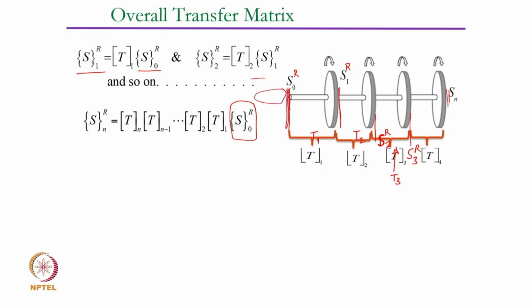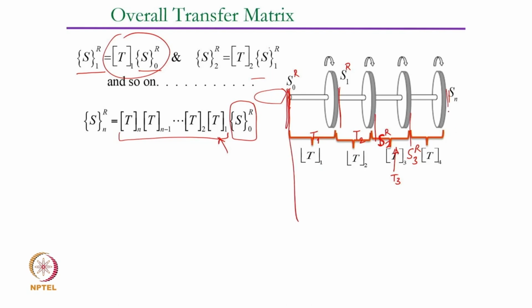So this basically represents the extreme state vector. It actually is now the product of all the transfer matrices, because this SR1 I am going to replace by this transfer matrix. So on the extreme right hand side you will have T1, then followed by T2, and then followed by T3 and up to Tn if you have n segments. What happens? You basically will have to now keep multiplying all of these transfer matrices.